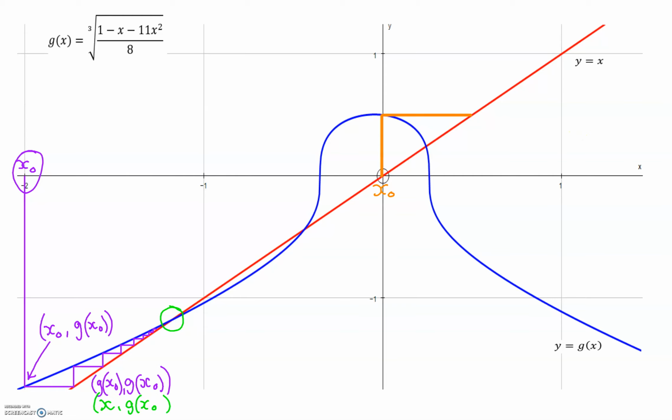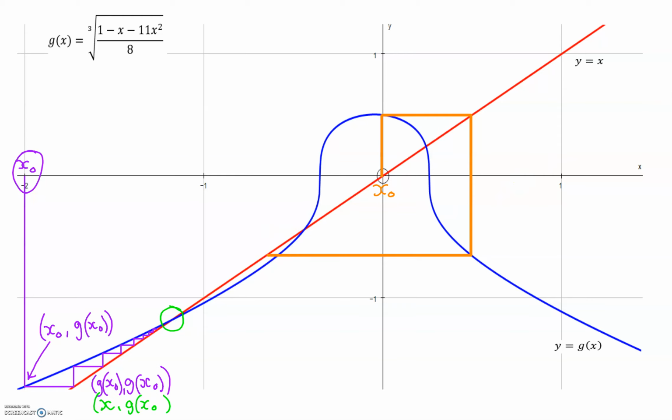And then we would want to move to our curve again so that we could then substitute that new x value in to generate the new value of x, and we would then move down to this point here and then move horizontally across to our y equals x line.